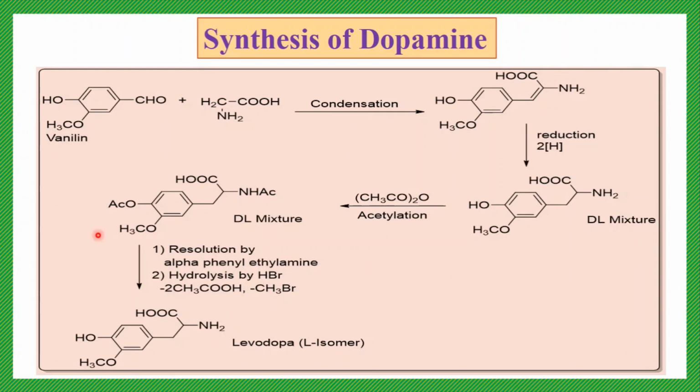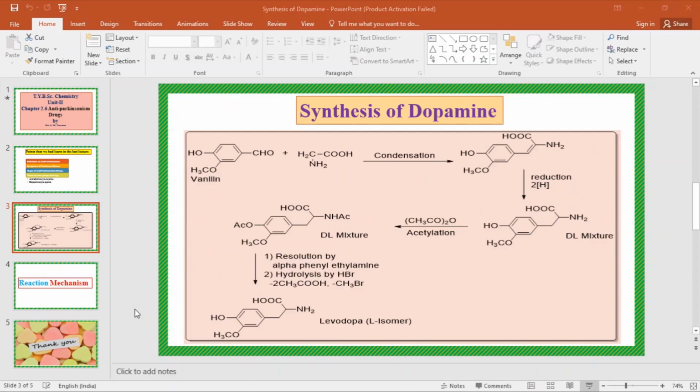So you separate this DL mixture by resolution, and the resolving reagent is alpha phenyl diamine. When you separate this, you get separate L and D enantiomers, and only the L enantiomer has the ability to treat Parkinson disease. So this is the application of your resolution.